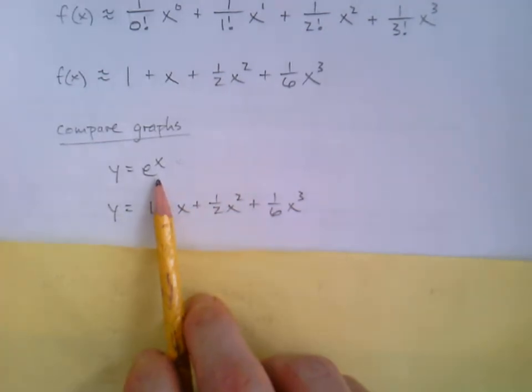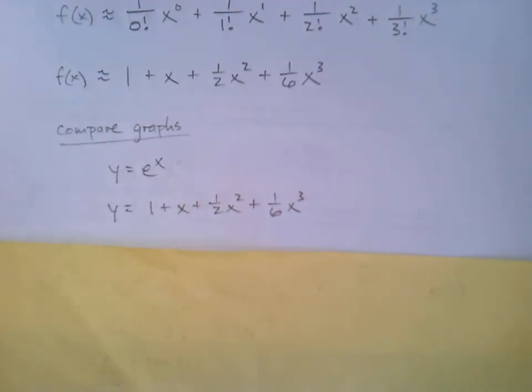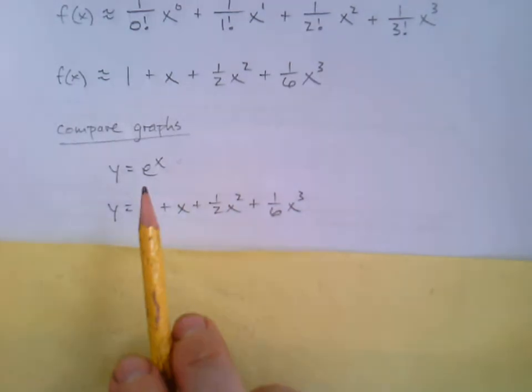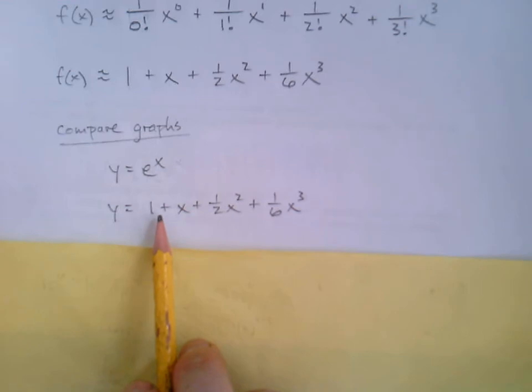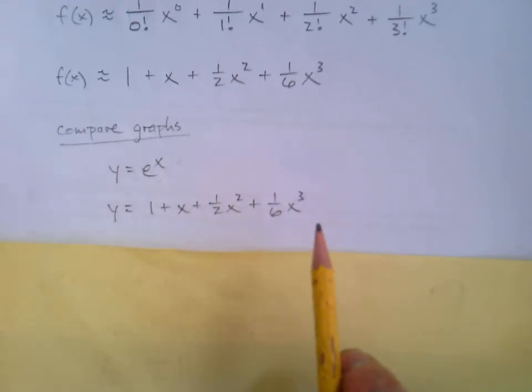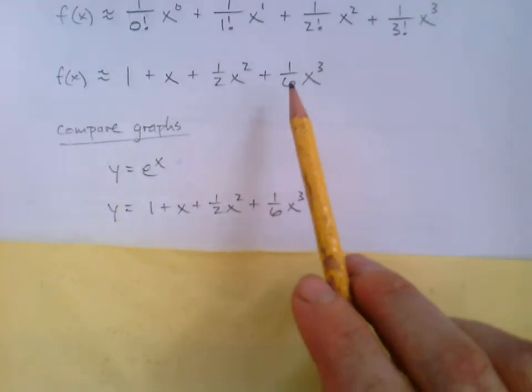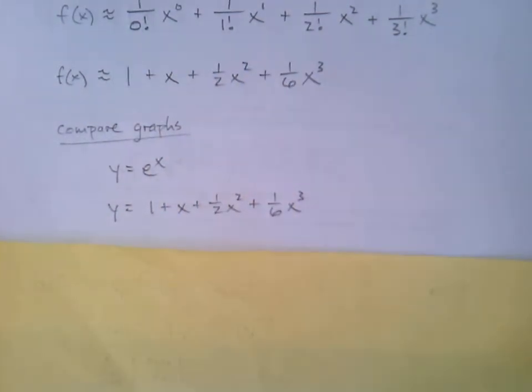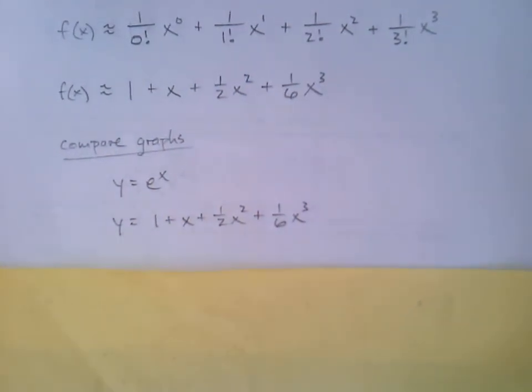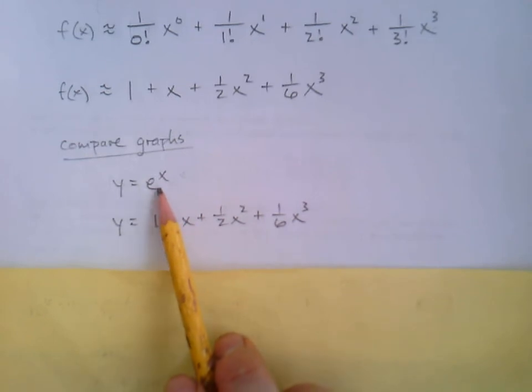There's a button for e, but it's not thinking of it the way that humans do. It's thinking of it as this Taylor polynomial, and actually it would have many, many more terms if we kept taking derivatives and kept following the same pattern that we've got above. And so it's able to get a very high degree polynomial to approximate something that is not a polynomial.